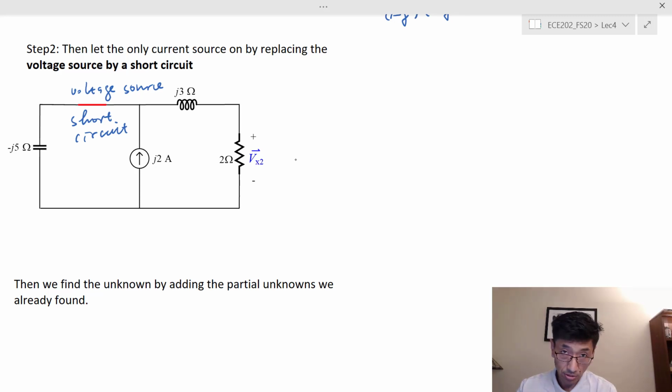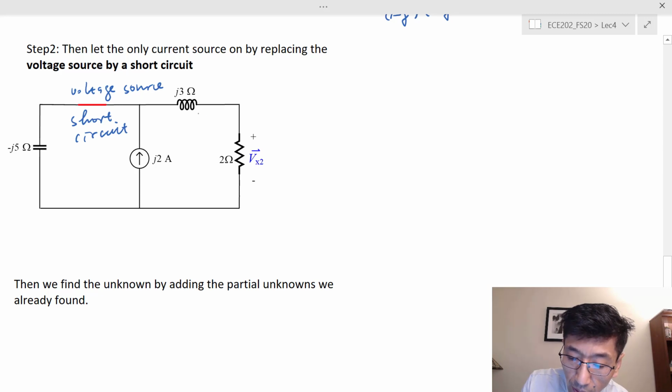Now, the difficulty level looks kind of high because you need the knowledge of solving basic circuits to solve each of these partial solutions, right? Let's see, I can do 2 different ways.